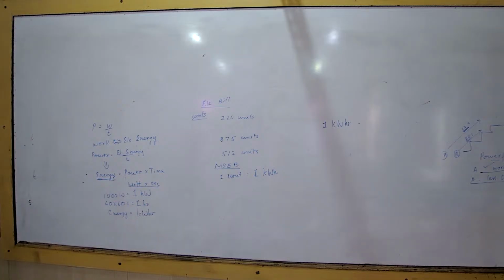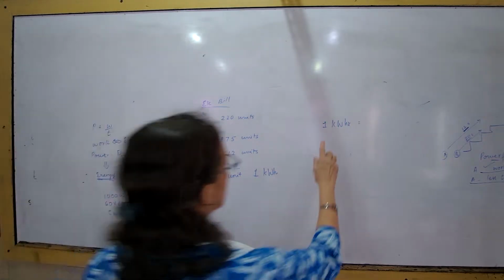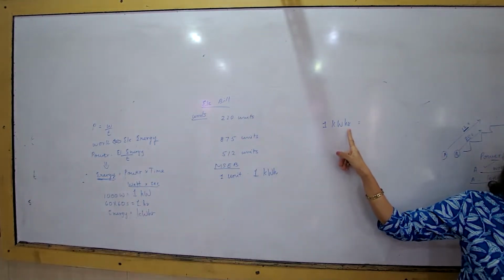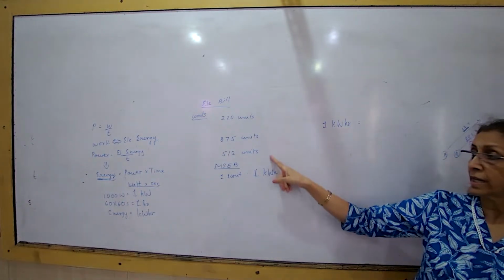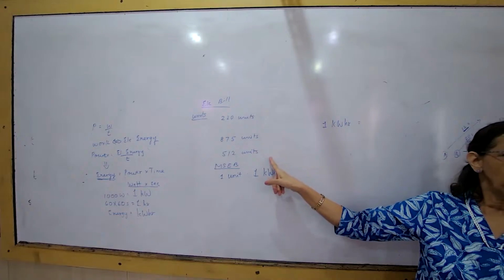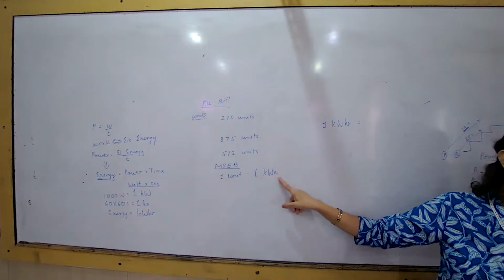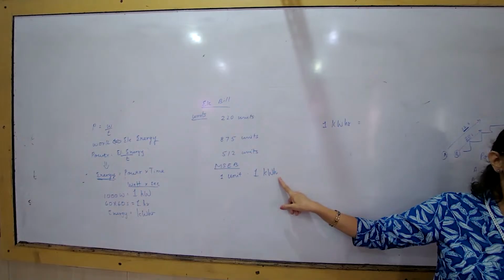The commercial unit of electrical energy is kilowatt hour. So this is your kilowatt hour. Why are we talking about commercial unit? Because commercially, either in an industry or for domestic supplies, this is the unit that we will be using, kilowatt hour. Are we clear about it?